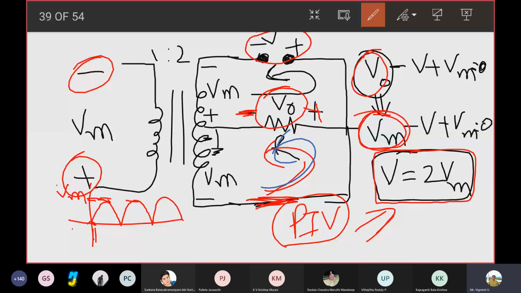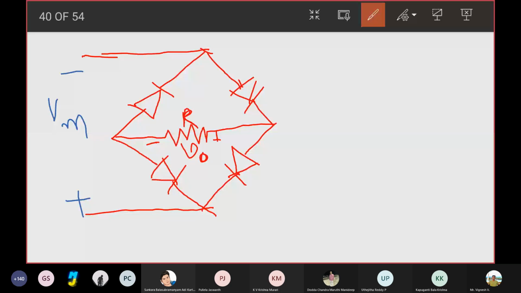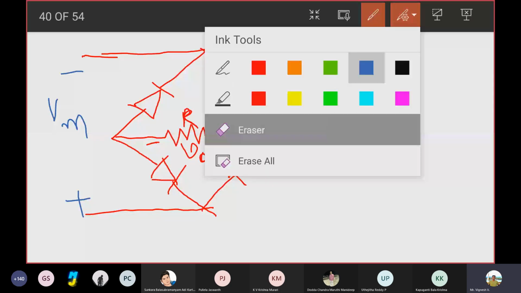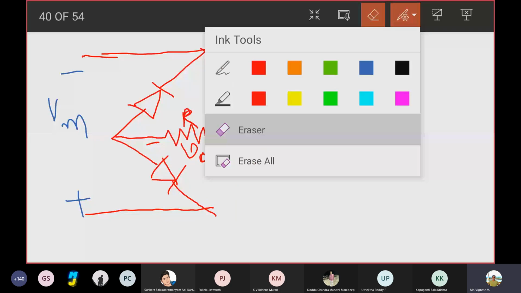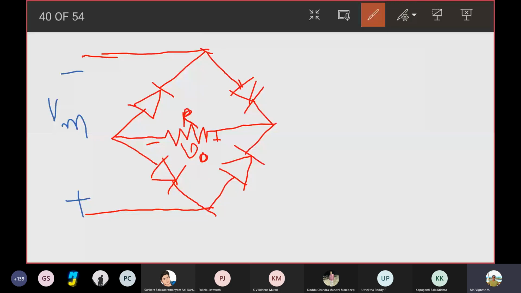negative half cycle, tell me which diodes are on. This is incorrect. Now is it right? Yes, sir.